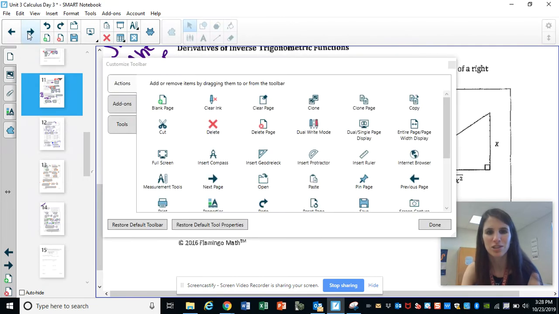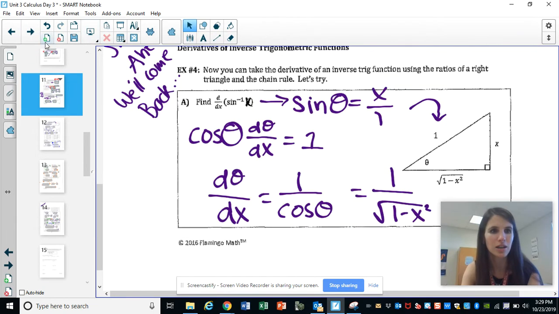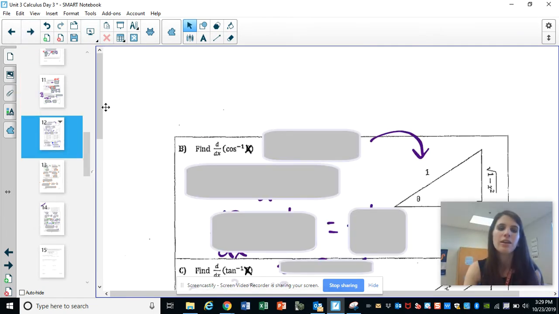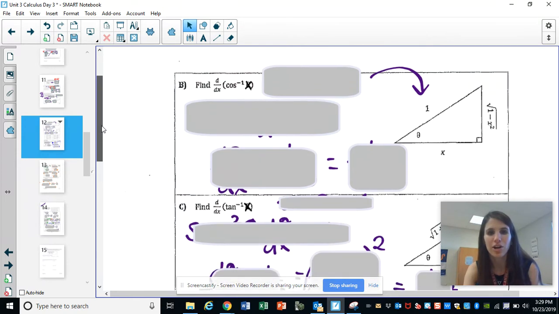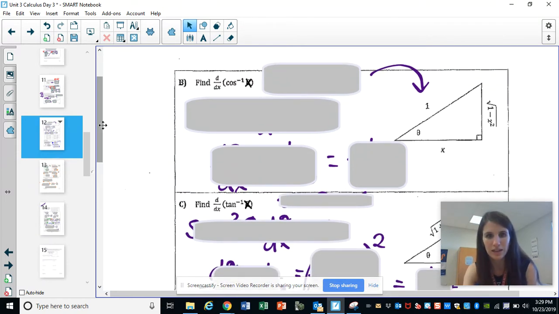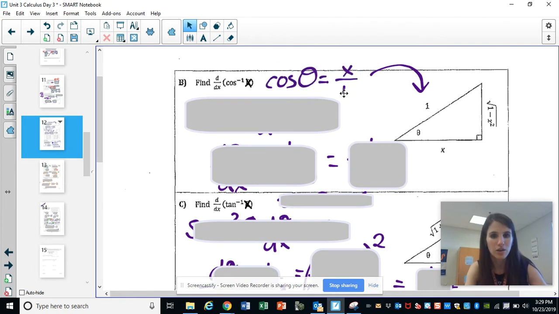All right, next page. Oh, that's not what I wanted. Next page. There we go. Now we're looking at arc cosine, or cosine inverse. That means we're looking for when cosine theta is equal to x over 1. So here it's a new triangle, x over 1, and then the square root on that side of the triangle. Let's take the derivative.